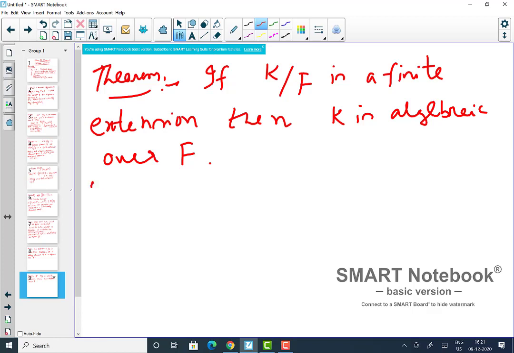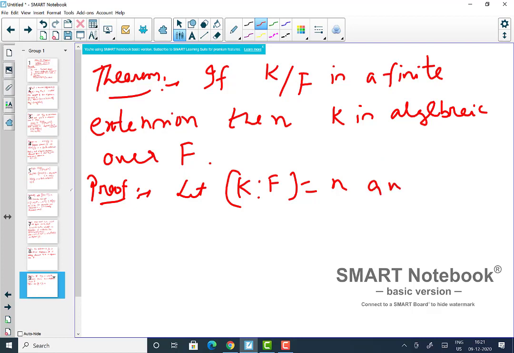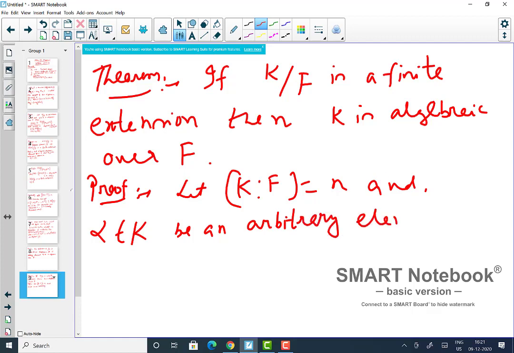The proof is simple and not difficult. So let us say the dimension of K over F is finite, I am just assuming it, and you choose an element alpha belonging to K, an arbitrary element. I am taking that every arbitrary element is algebraic, I need to prove that, right?